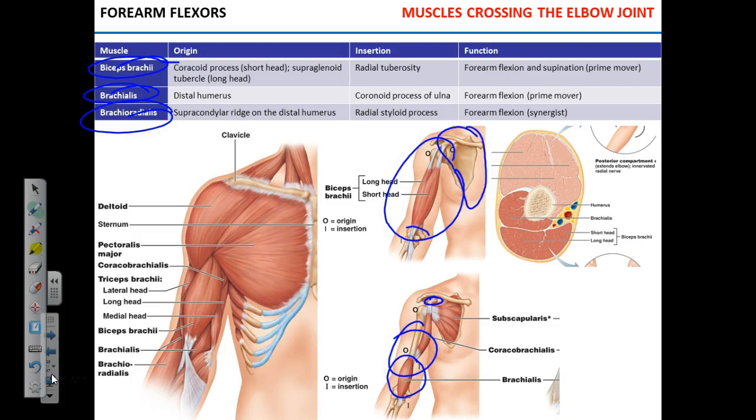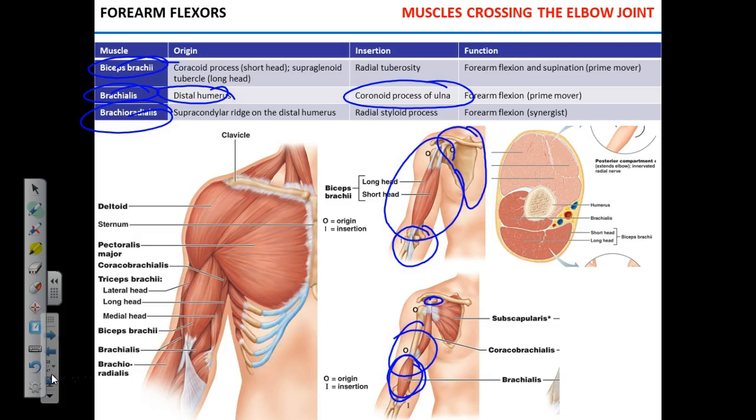Insertion, radius. Brachialis, right here, origin at the humerus, insertion is at the ulna. So what they do when they contract, they flex the arm.